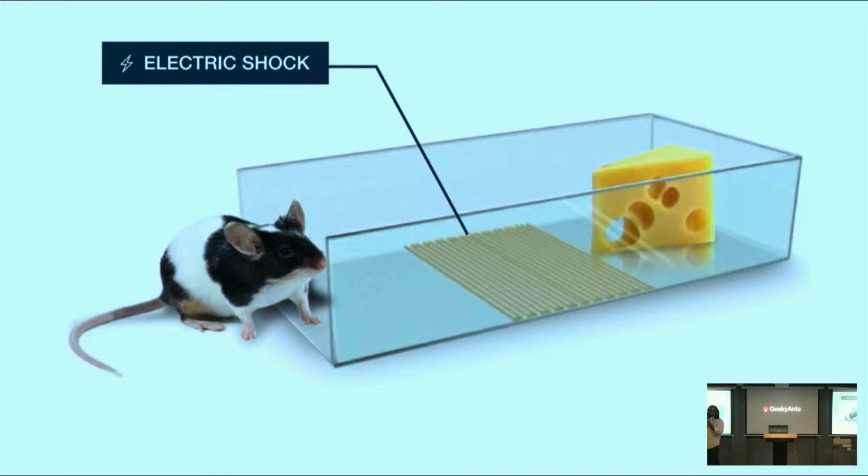It is similar when you build a product. The mouse is your user. The entire box is your product. The electric shock is the effort your users need to put in to use your product. The effort can be the price they are paying, or the learning curve.